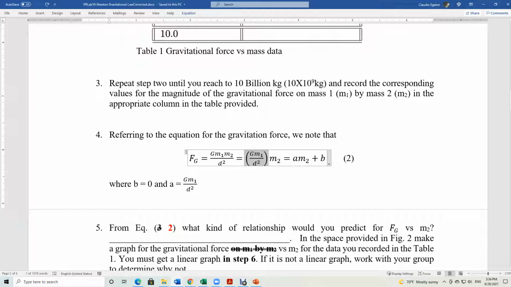So if we plot the force of attraction on the y-axis and mass 2 on the x-axis, we should get a straight line with a slope and an intercept. The intercept in this case should be 0 because according to Newton's prediction, there is no intercept for his equation, right?